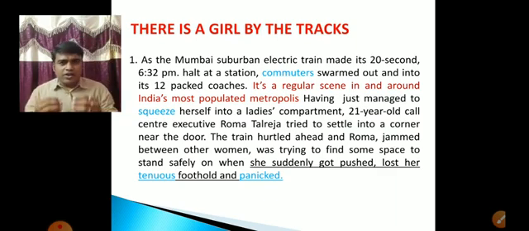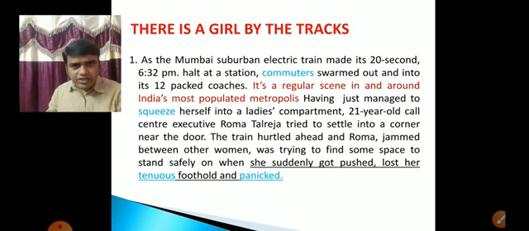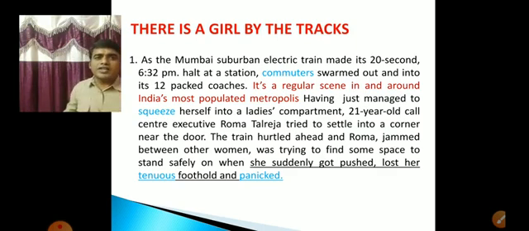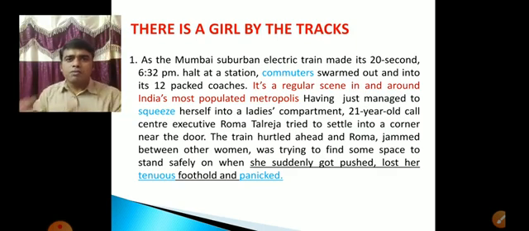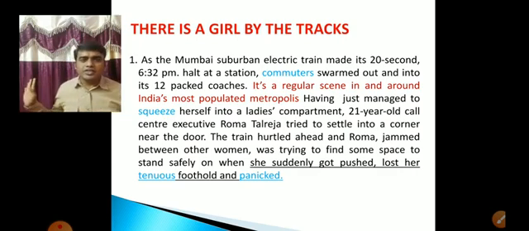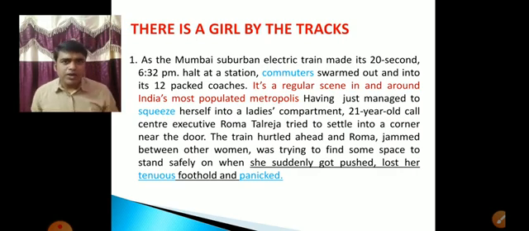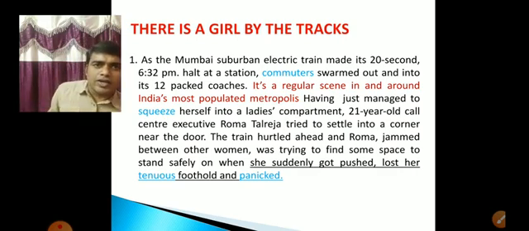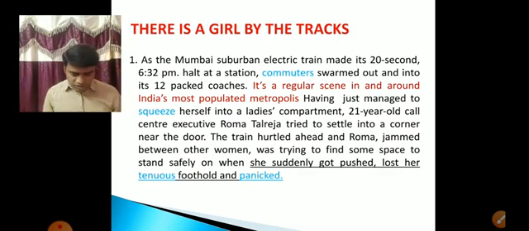While she was trying to get the space there, all of a sudden she got pushed, somebody pushed her, and she lost her tenuous foothold and panicked. She lost her tenuous foothold. See, she slipped. Her hands and feet slipped. She lost her tenuous foothold.